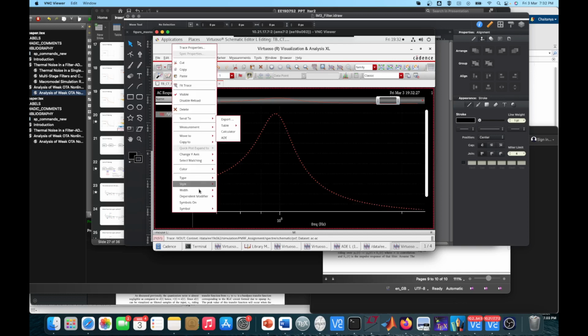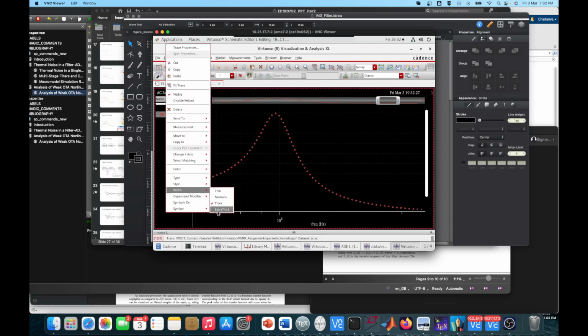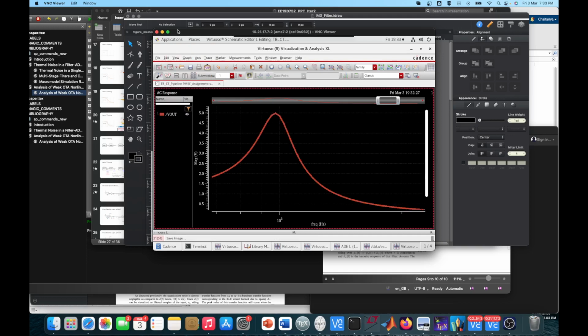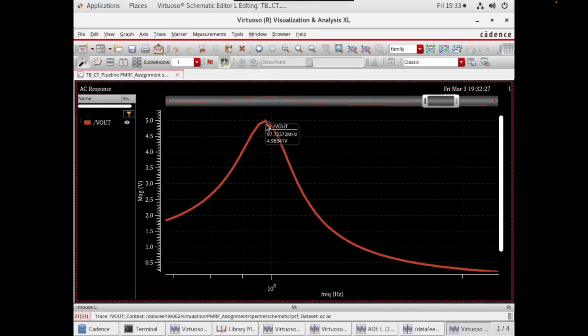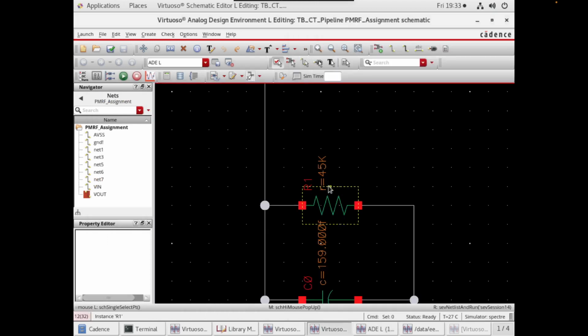I will make the screen a little wider. You can see its value is now approaching 5. My screen is visible, right? My Cadence screen. Yes, sir. So I used a Q resistor of 45 kilo ohms.